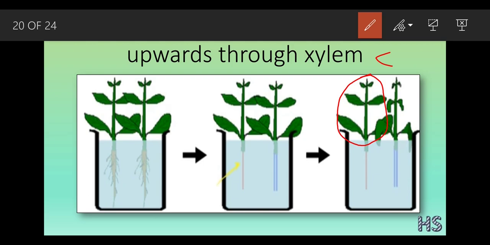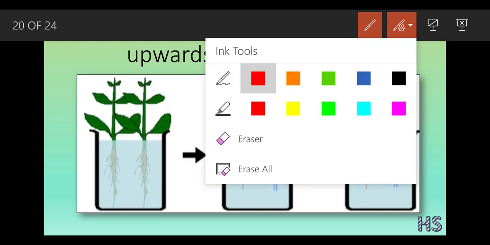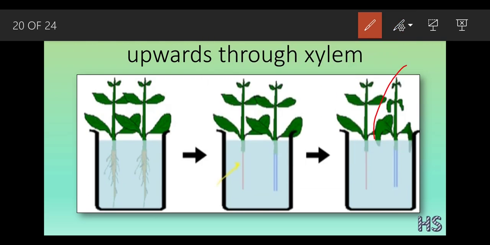But if you see the leaves of B, they are drooping down. Drooping down means it is losing water because the xylem is not present. So this shows that xylem helps to transport water upward. This experiment proves that the xylem helps to take in water.